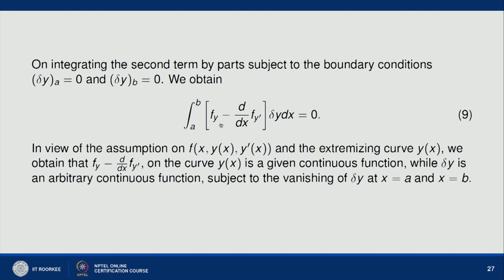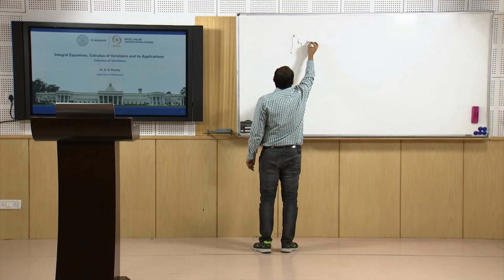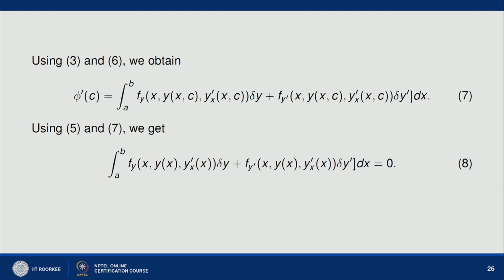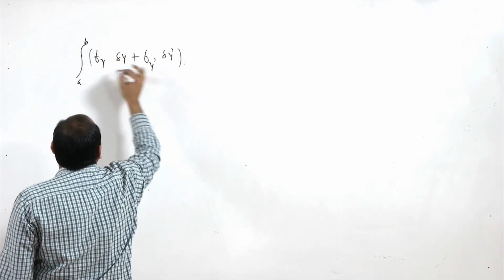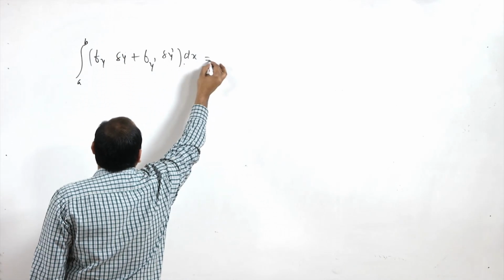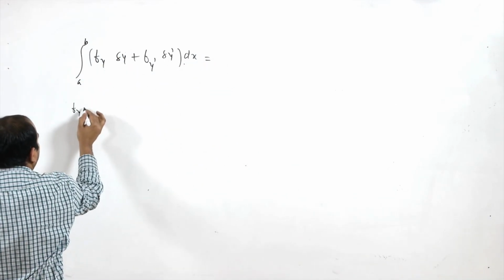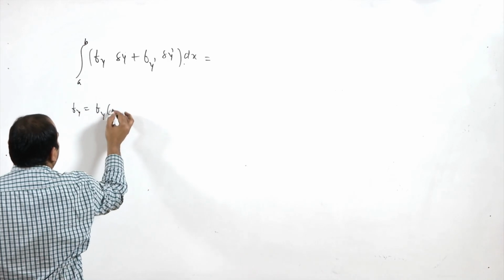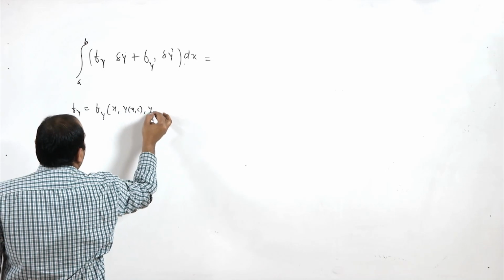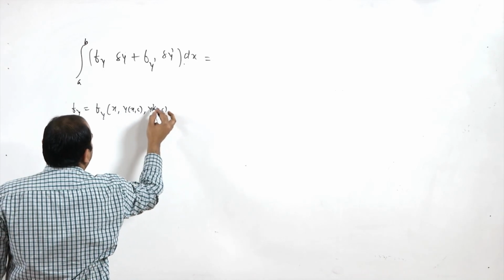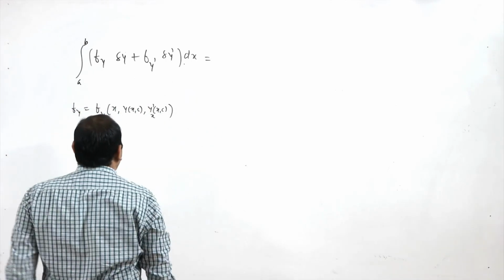Let me write it here. So here we can write the integral from a to b of f y delta y plus f y dash delta y dash, with respect to dx. Here I am using the short notation for f y. In fact f y is written as f y of x comma y of x comma c comma y dash of x comma c, and we are denoting the derivative with respect to x like this. Similarly we can write f y dash.